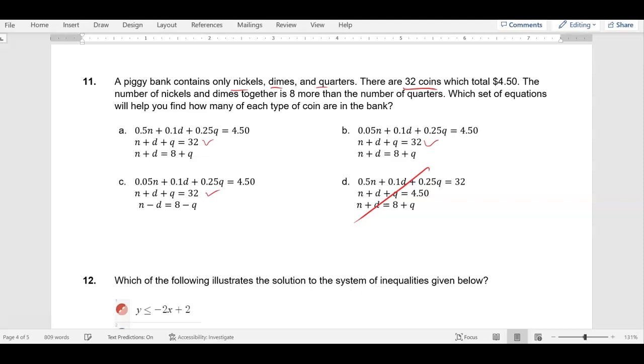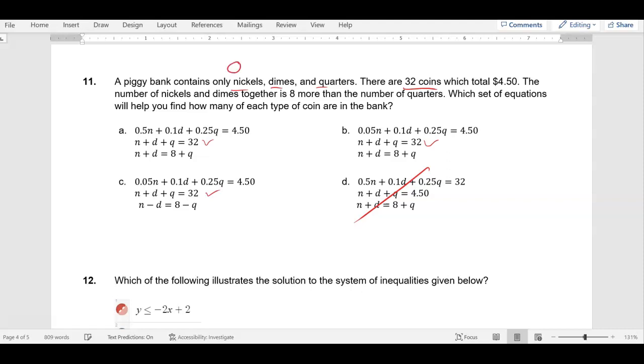Now in front of N, I'm going to put 0.05 because it's a nickel, 5 cents. In front of D, I'm going to put 0.10 because a dime is worth 10 cents. And in front of quarters, I'm going to put 0.25 because that's a quarter. Now 0.5 is wrong.